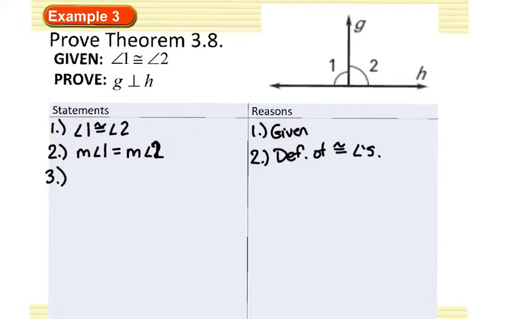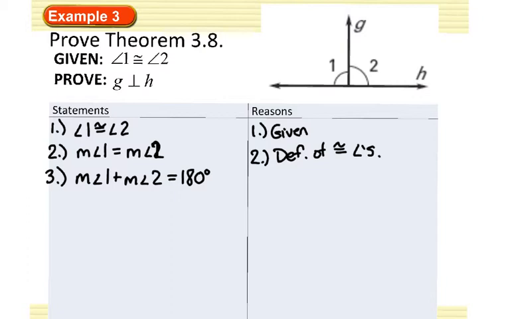Okay, so to keep going with that logic, like I said, we should know that the measurement of 1 plus the measurement of 2 is 180 degrees. And that's because in this theorem it's stated that these two lines form a linear pair of congruent angles.